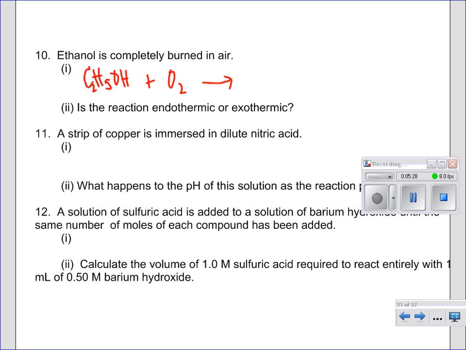We get the same typical 2 products we always get, which is carbon dioxide and water. And then to balance this, let's double the ethanol. I need 2, but wait, we have an odd, 6. So a 3 there and a 2 there. 3 there.